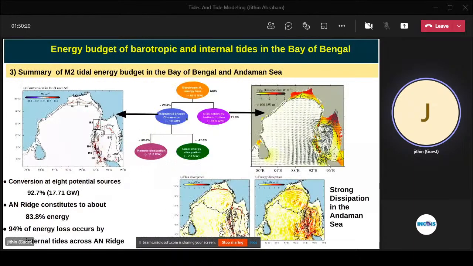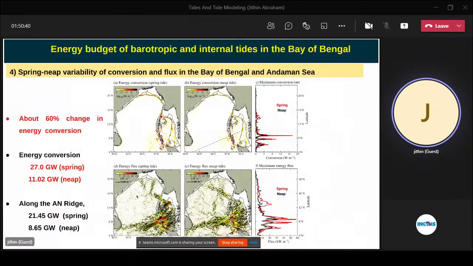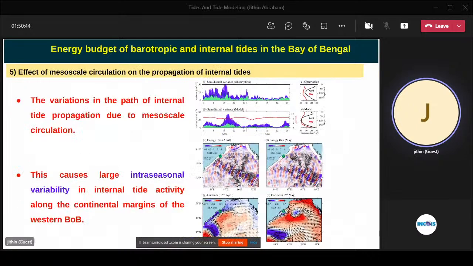I would like to give a few more details about the observation and analysis of internal tides and their separation from ADCP or HF radar data. We can use harmonic analysis or bandpass filters to extract the tidal currents from the ADCP as well as HF radar data. It will give the vertical structure of tidal currents.